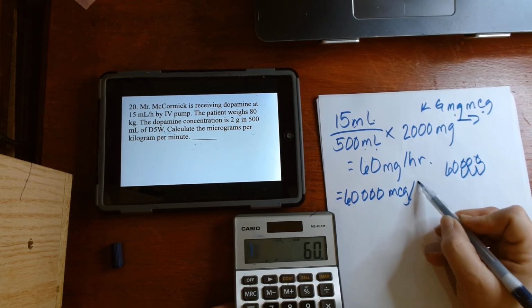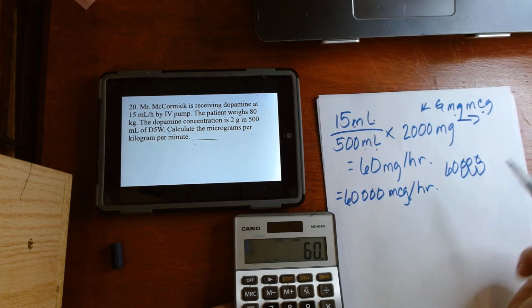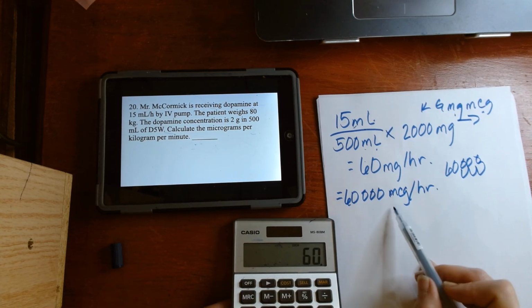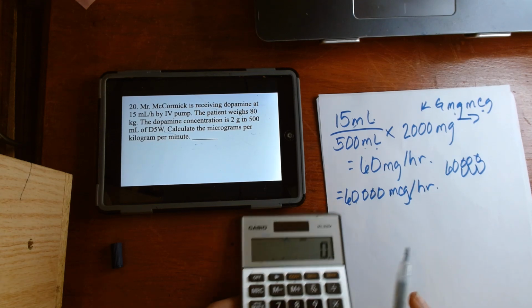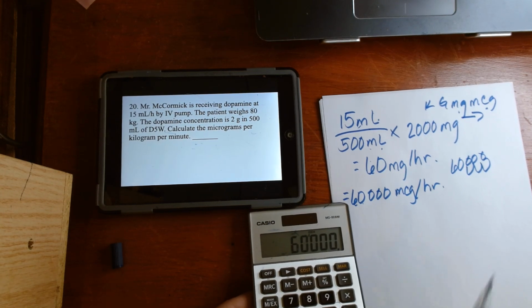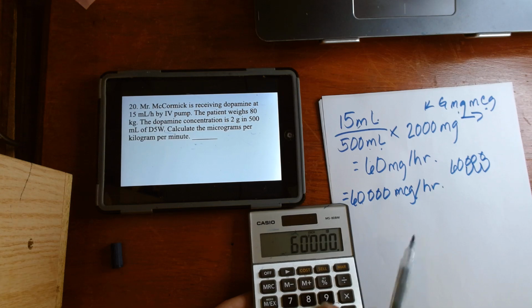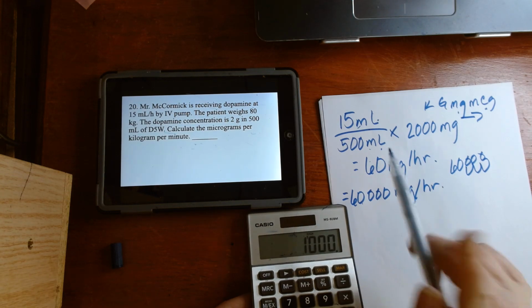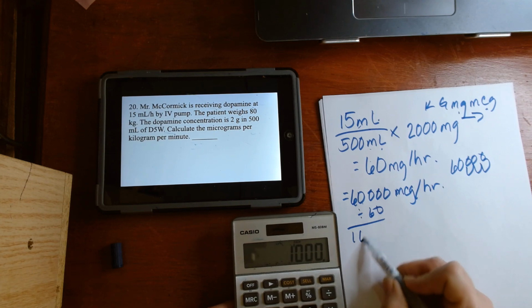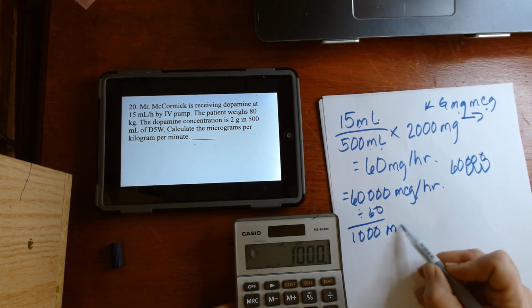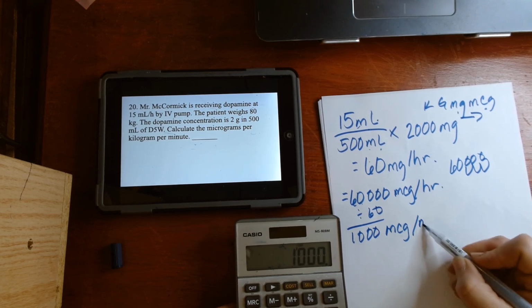micrograms per hour. But we have to do per minute. So we're going to divide 60,000 by 60. See what's going in 1 minute. Divided by 60 is going to be 1,000 micrograms per minute.